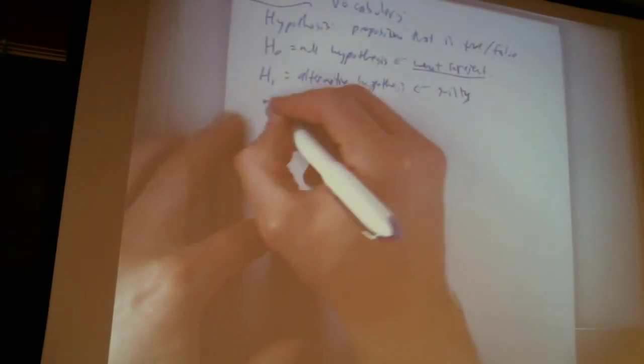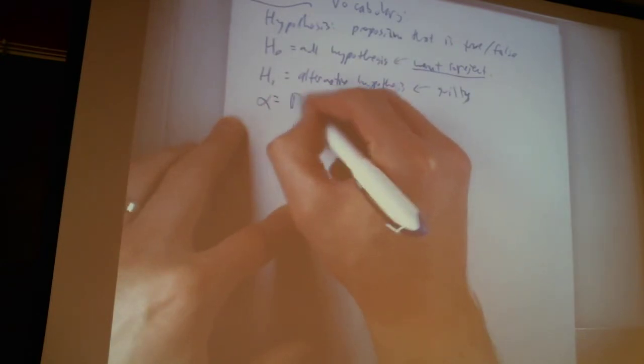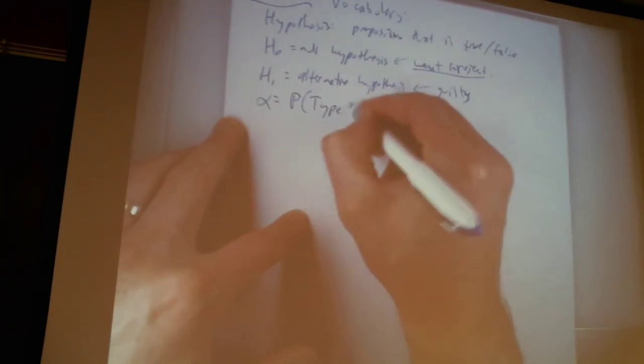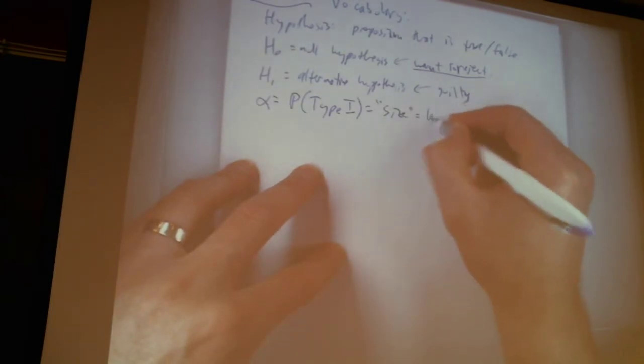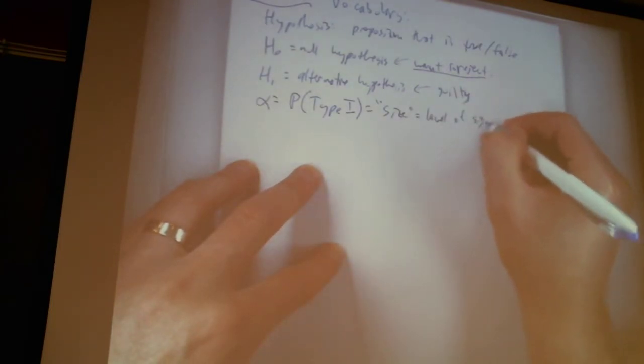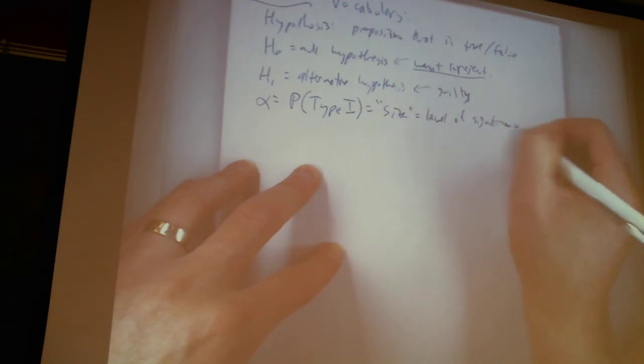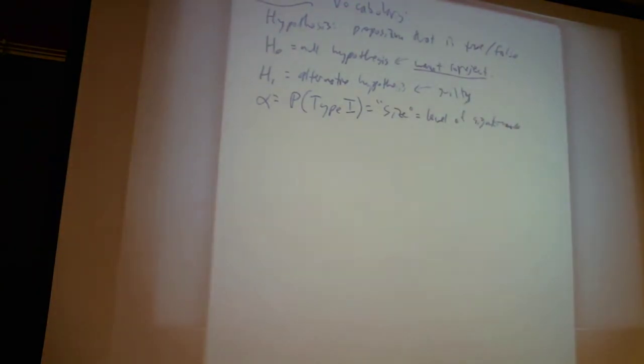So there are errors, inevitable errors. The probability of making a type 1 error is called alpha, or the level of significance. This really feels like the worst one, right? Because we said the guy's guilty. We accepted the alternative hypothesis when really he isn't.